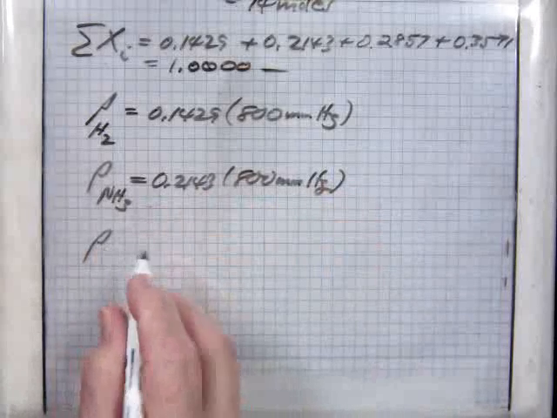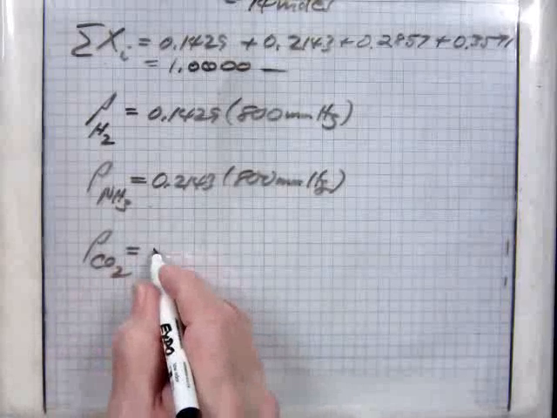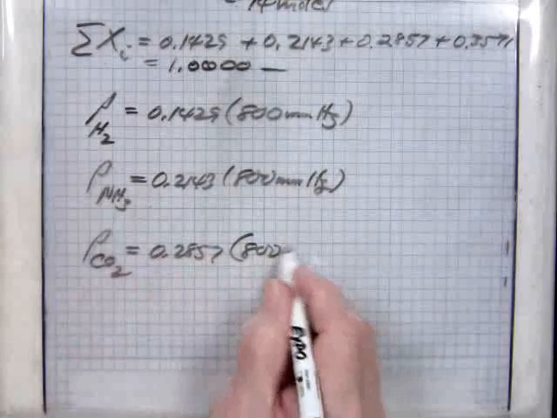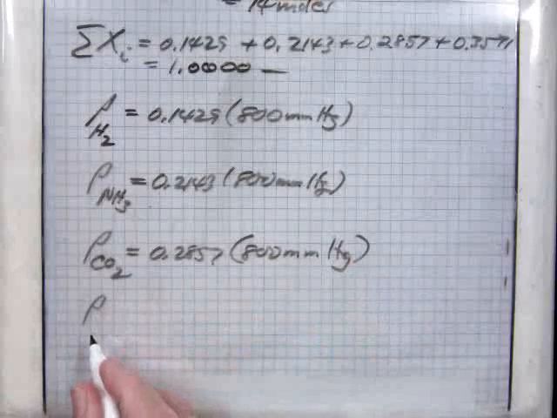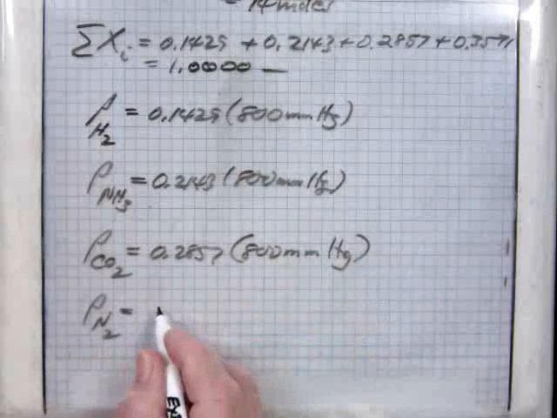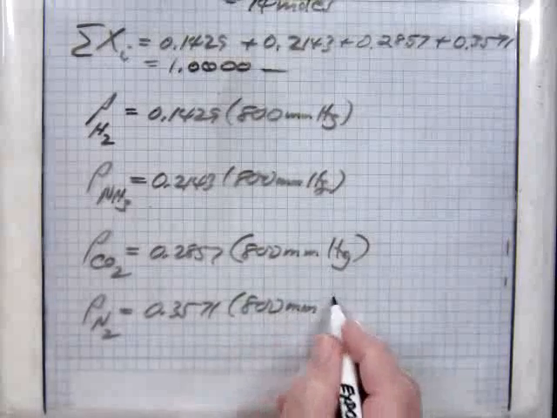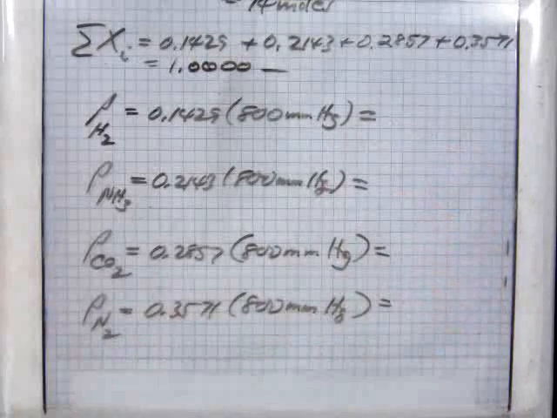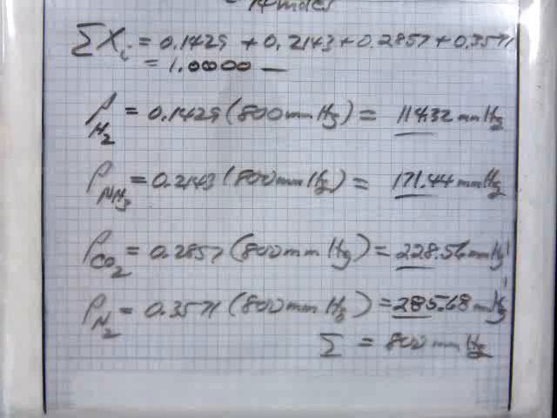The partial pressure of CO2 is 0.2857 times 800. And the partial pressure of nitrogen is 0.3571 times 800. Then you multiply out, and if you add them up to check, you will get 800. This is what I got, and that's the answer to the problem.